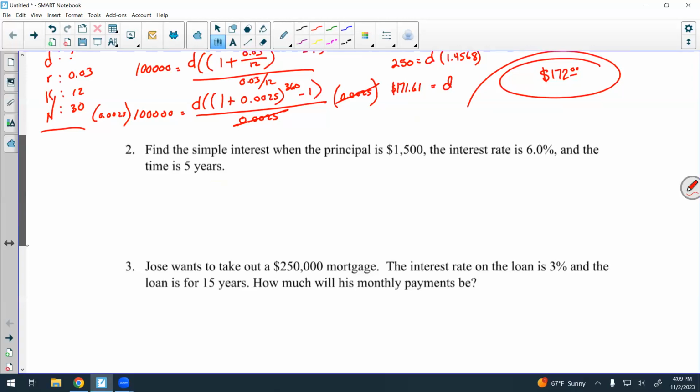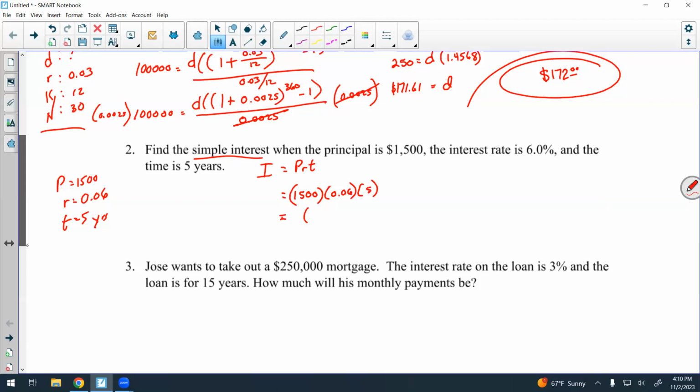Find the simple interest. What kind of problem is this? Simple interest. When the principal is 1,500, the rate is 0.06, and the time is 5 years. $1,500 times 0.06 times 5.